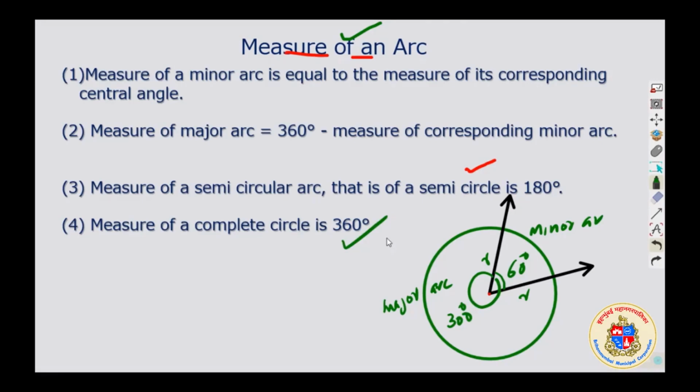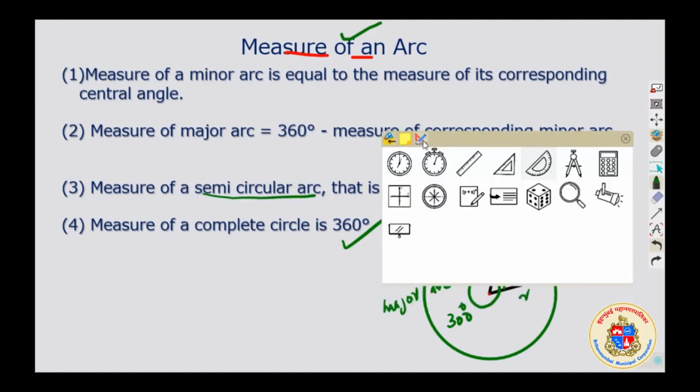But on the other hand, if it is a semicircular arc, what is a semicircular arc? Semicircular arc is that arc which is having the shape of a semicircle. Semicircle is formed when the angle is the diameter itself. Okay?